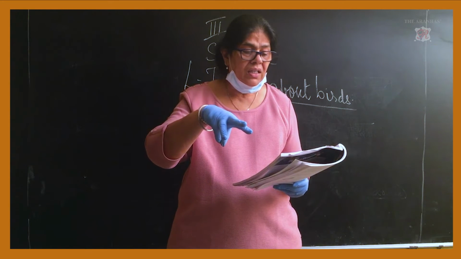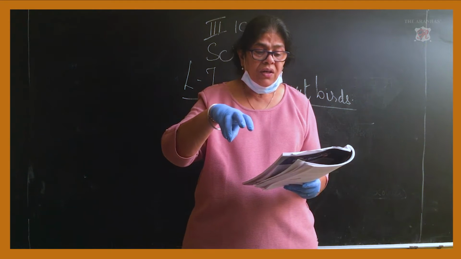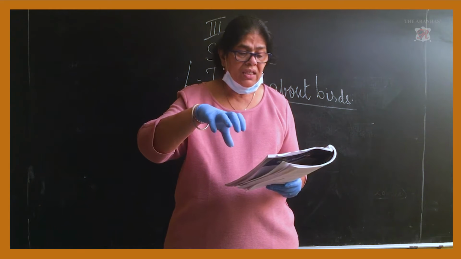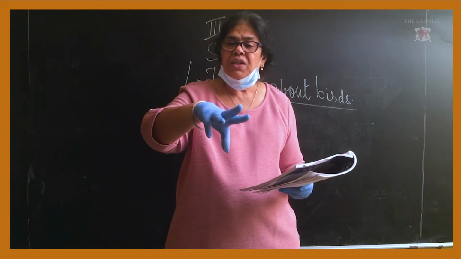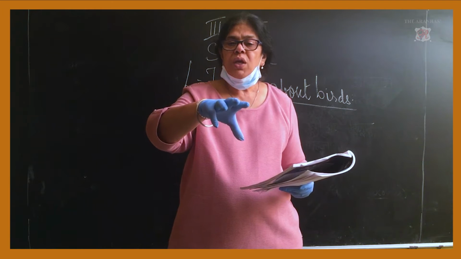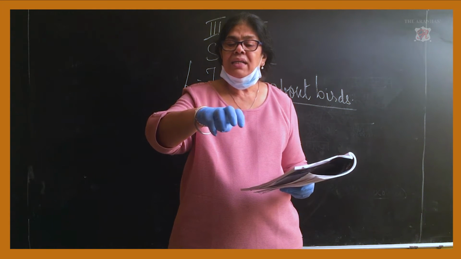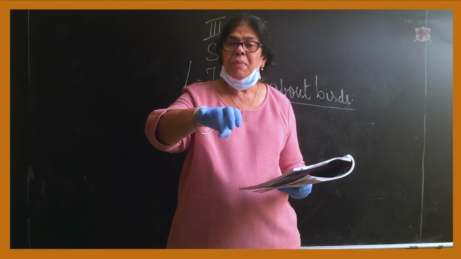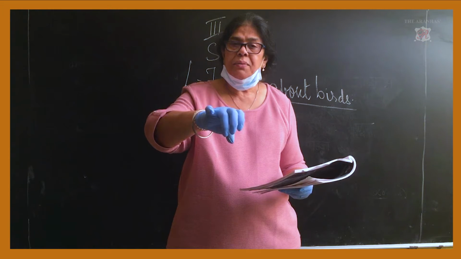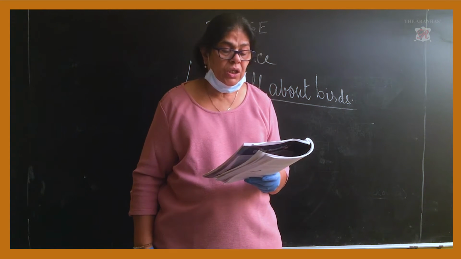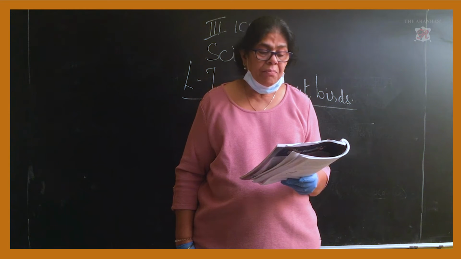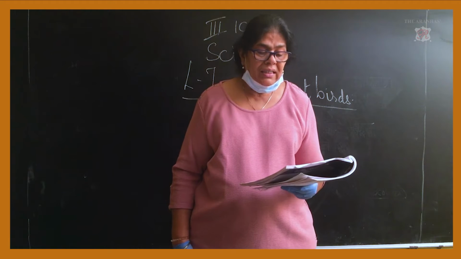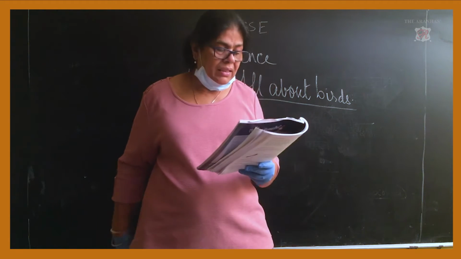Their front toes are used just as our fingers, and the back toe does the function of the thumb. So they have 3 and 1, that is 4, and the back toe helps to hold them on a branch.